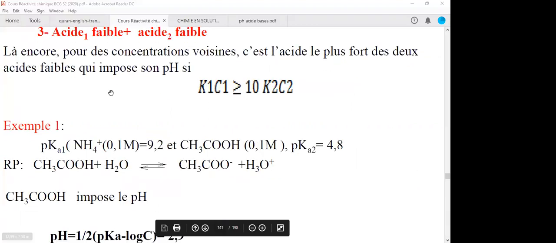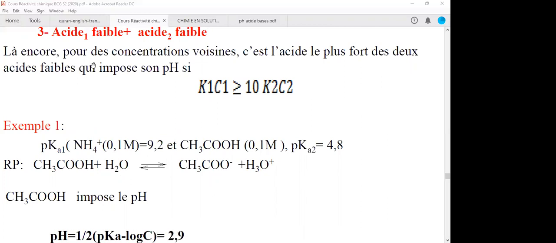So we have another one, acid 1 faible plus acid 2 faible. Here we have a mixture of two acids which are both weak acids.